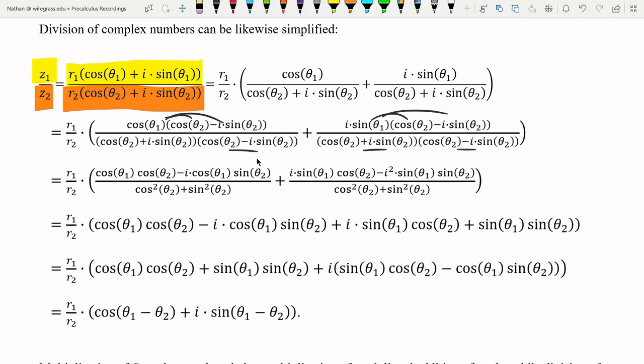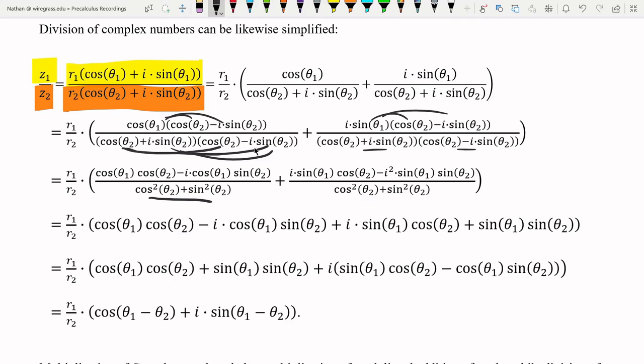When I multiply everything out in the bottom, because they're conjugate pairs, the only thing that remains is the first thing squared, cosine theta 2 squared, and the second thing squared. Well, it's going to be plus I sine theta 2 minus I sine theta 2. I times I is -1. 2 negatives cancel, so the i's cancel with this negative, and we just get sine 2.